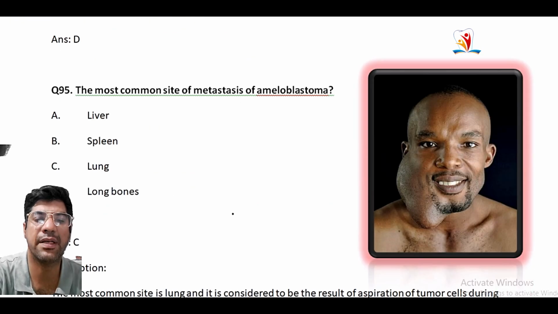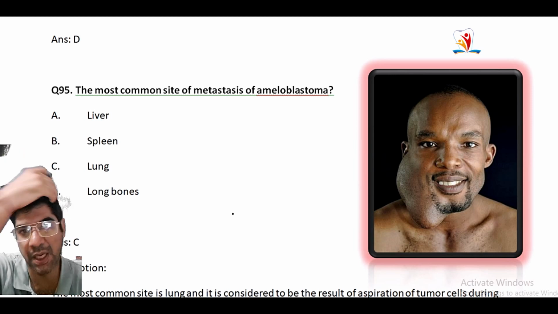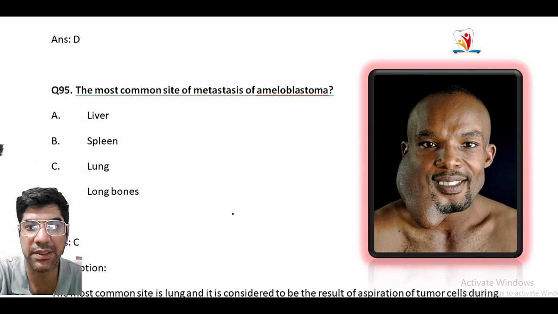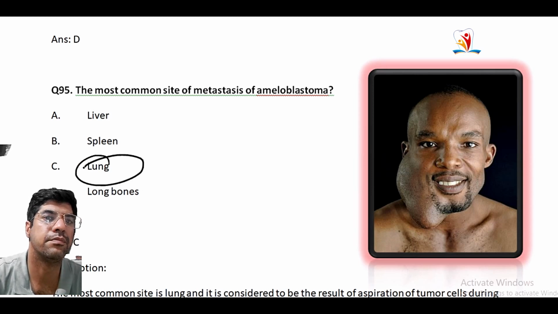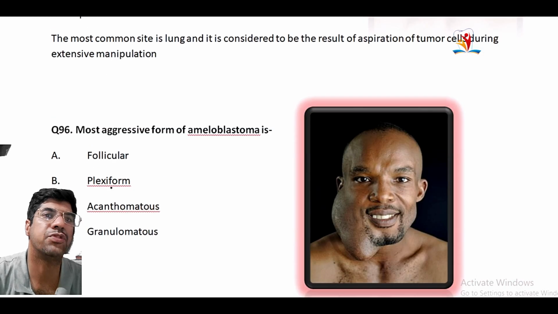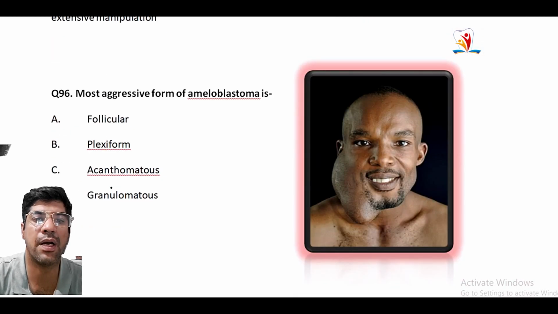The most common metastasis site for ameloblastoma is the lungs. The most aggressive form of ameloblastoma is the granular form.